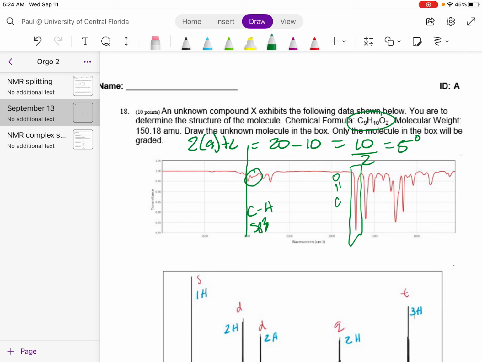Okay. And then it looks like I have some signal right there for some carbon-carbon double bonds. So that looks promising. Okay. I can say there's not going to be any alcohols because there's no broad peak there. And just by looking at the IR, that's what I come up with.